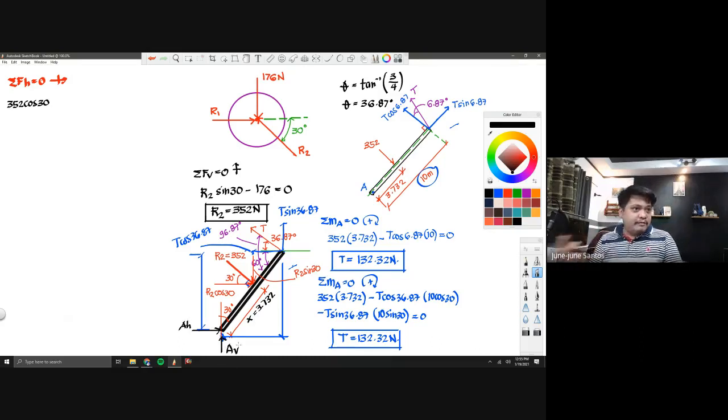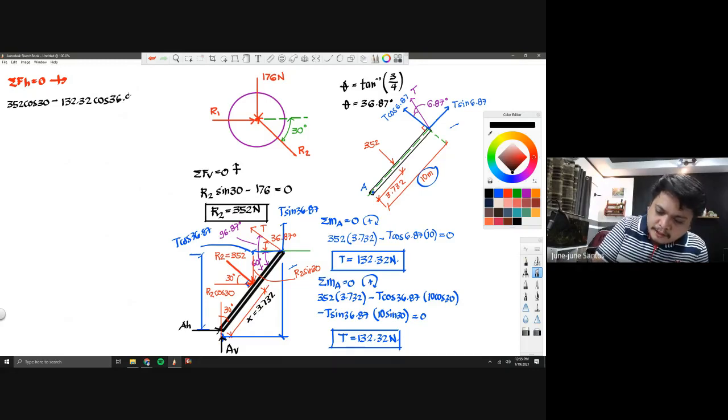So assumption ko lang lahat ng directions. Now, we will be having here this one minus T, 132.32. Again, that is cosine of 36.87. Okay, so again, horizontal, and then you will be having here plus AH equal to 0.